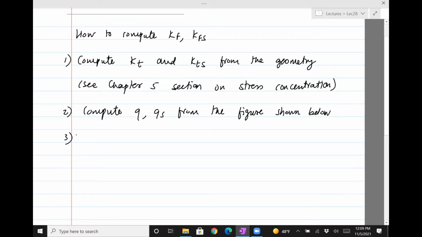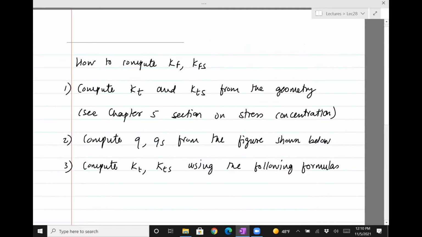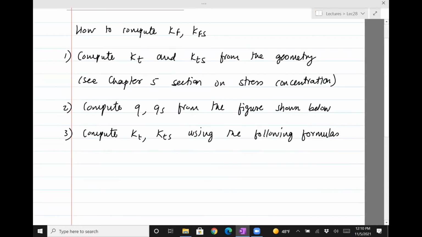Okay, so that's the next step. And then once you have Q or QS, you can compute KF and KFS using the following formulas. So I'm just going to take that formula we wrote down earlier and just move things around. So it's not a new formula, it just comes from the definition of notch sensitivity.